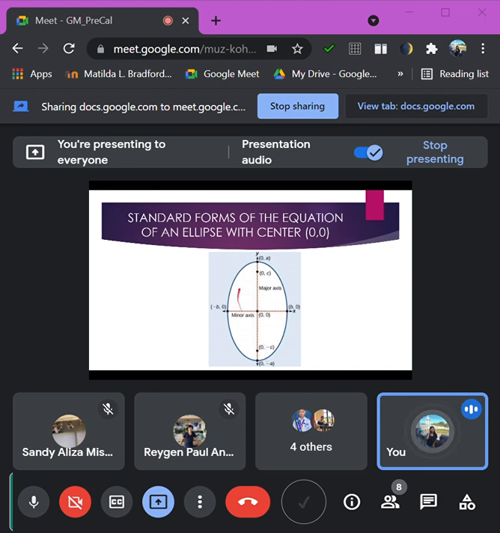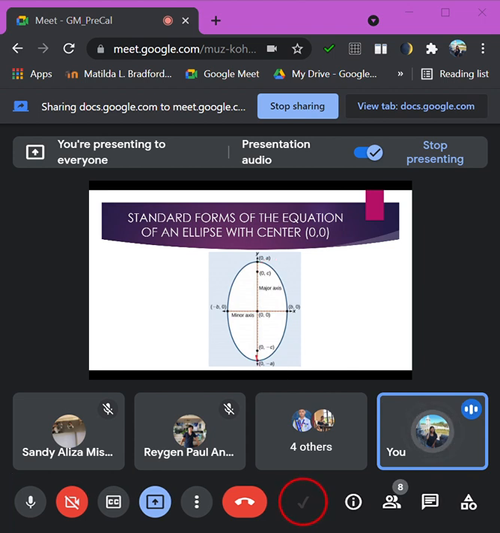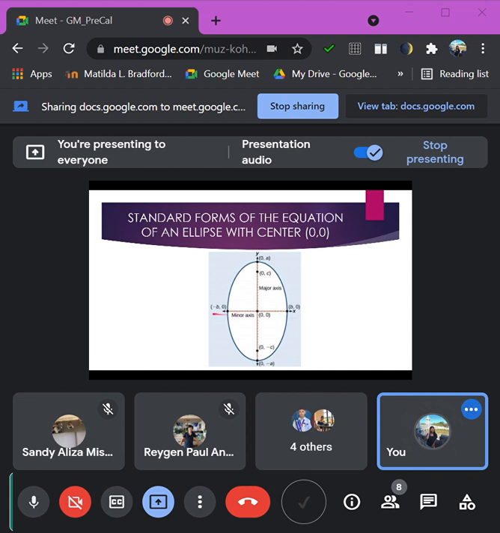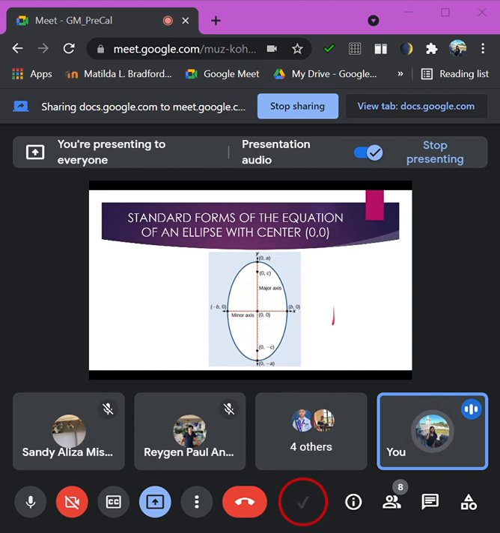And then, ang iyahang vertices, we have there 0, a, and then 0, negative a. And then, ang iyahang minor axis is naa sa x, in terms of x siya. So, we have there b, 0, and then negative b, 0. Okay? Kung ano siya class ha, this is an example of iyahang major axis is in y-axis.